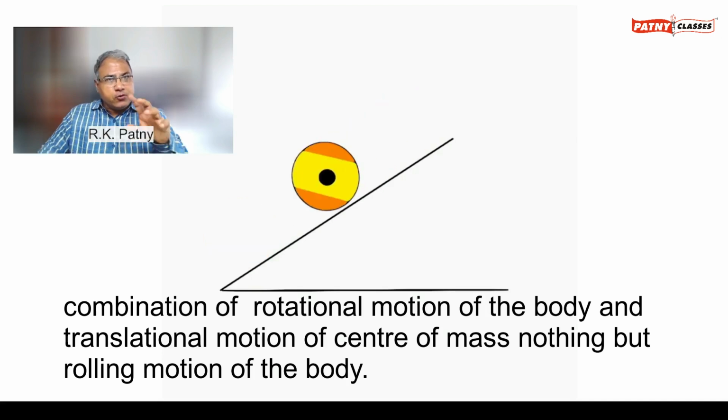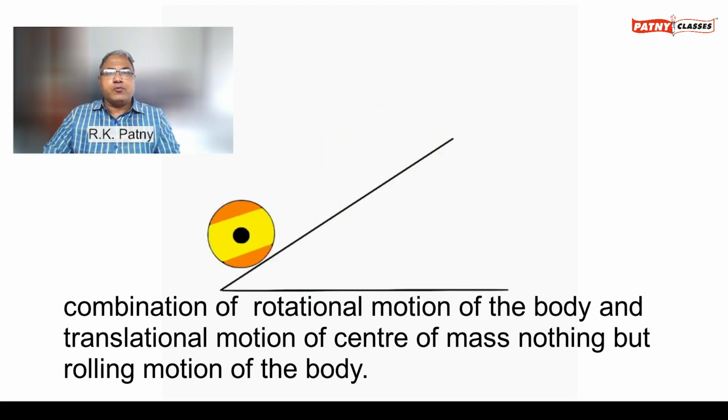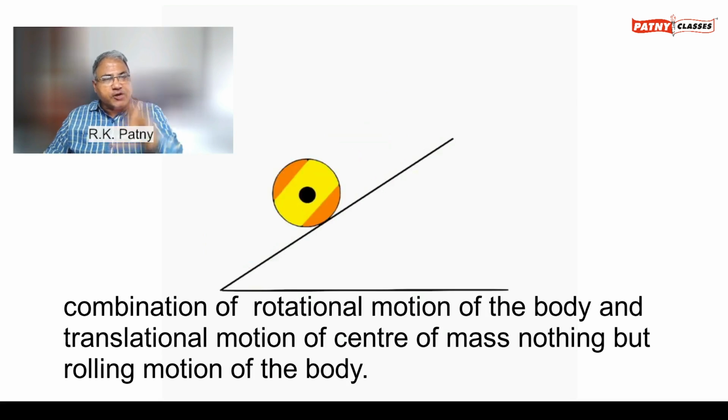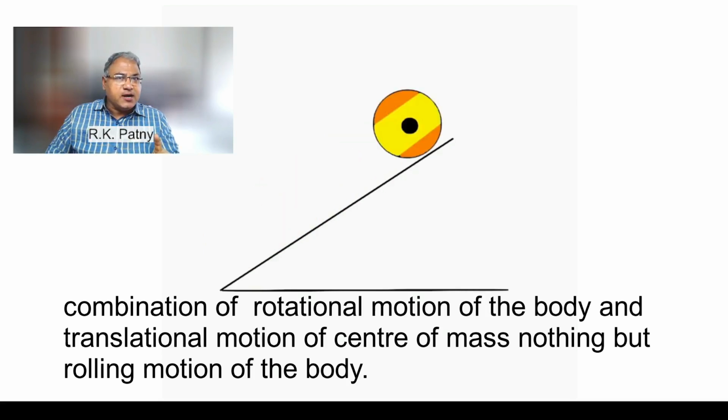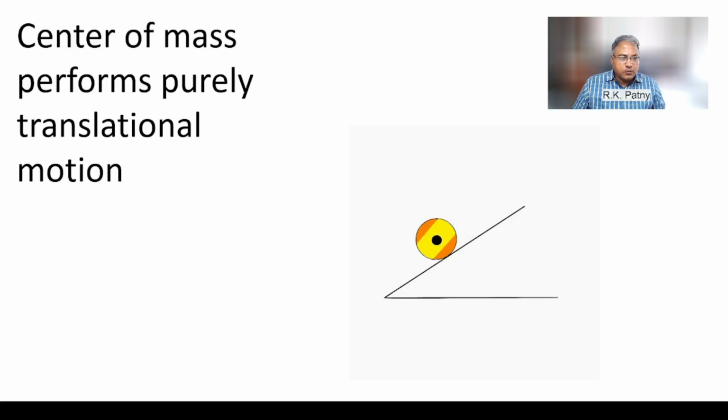So in rolling motion, there are two types of motion. One is rotational motion, another one is translational motion. Here, the black spot, the black round at the center, is nothing but the center of mass of the body. When the body is rolling down, the center of mass of this body is moving in a straight line.